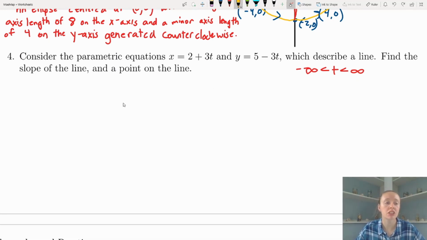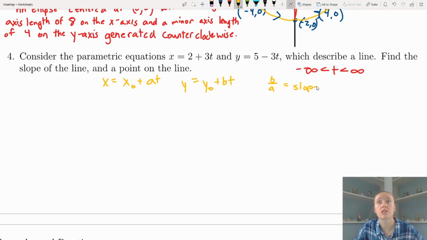Now, if you remember that general parametric form for a line, the slope and the point are super easy to figure out because we have x equals x naught plus a of t and y equals y naught plus b of t, where x naught, y naught is that point on the line, and b over a is equal to the slope.